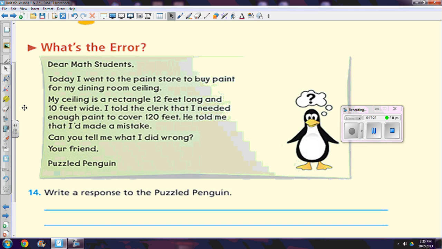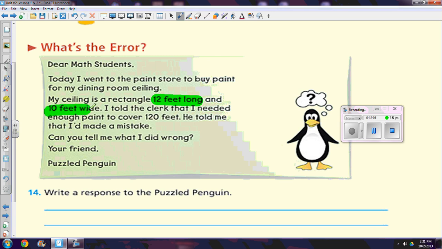All right, so he wants to paint the dining room ceiling, and he said he needs 120 feet. The guy at the store told me that I made a mistake. Can you tell me what I did wrong? Write a response to Puzzle Penguin. Well, let's see. We have 12 feet by 10 feet.